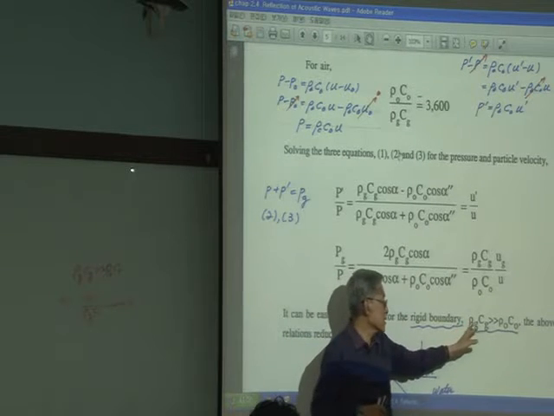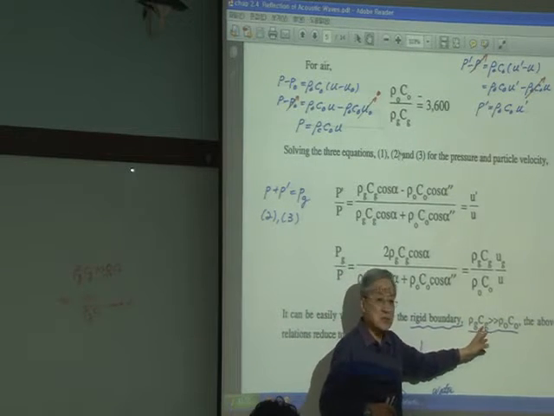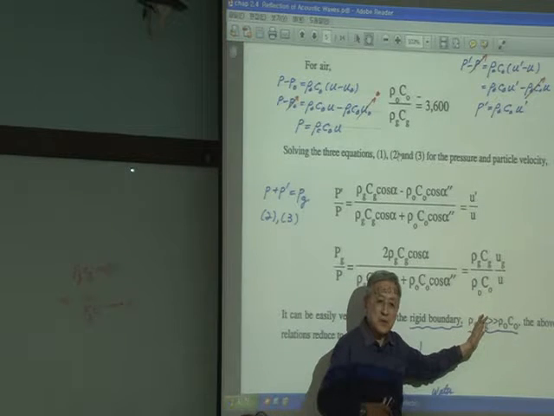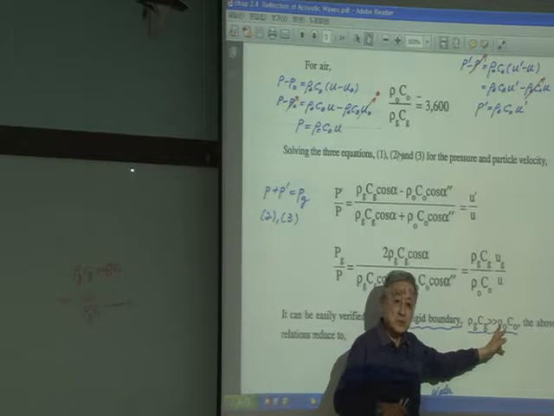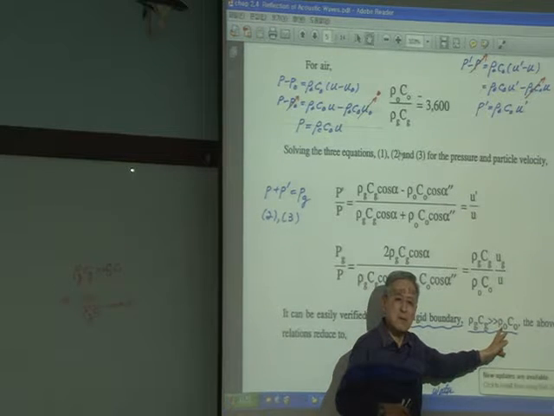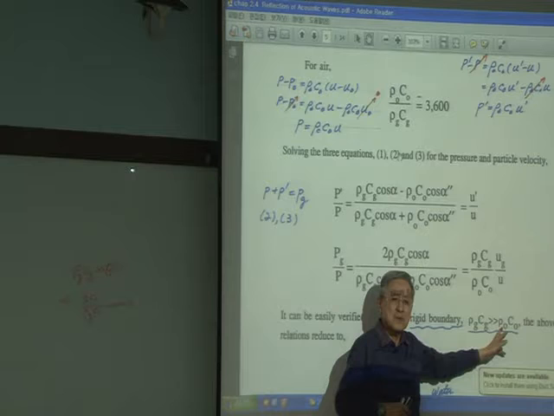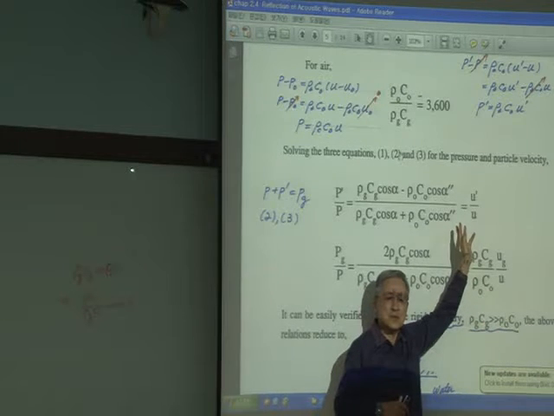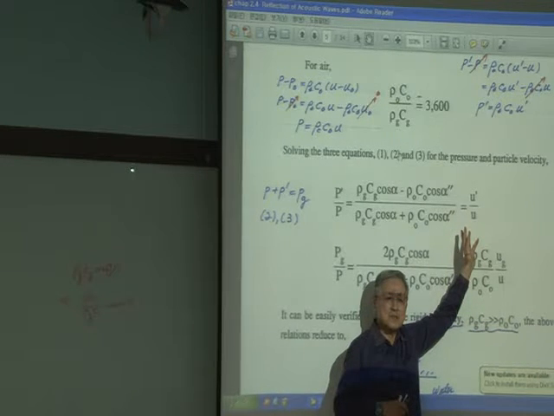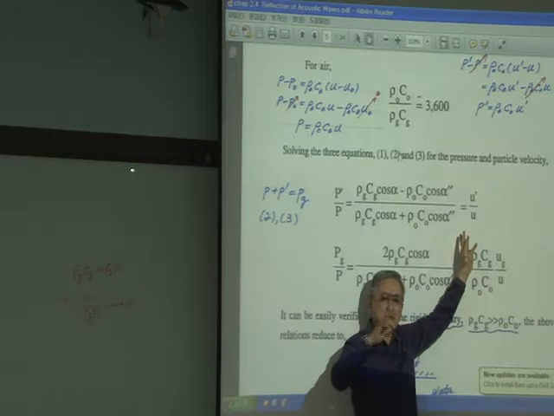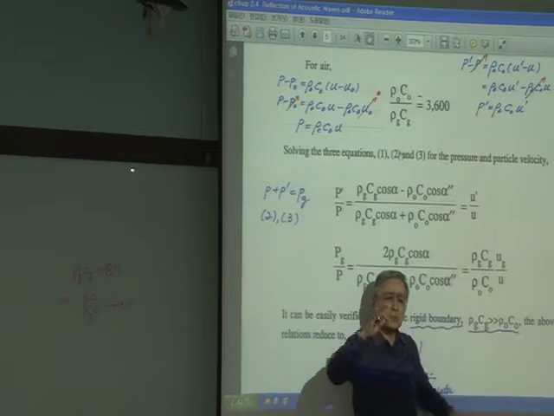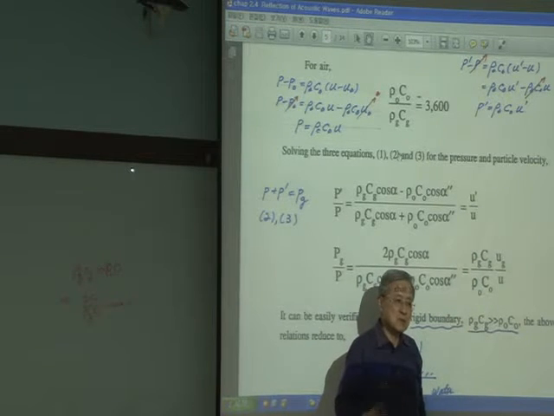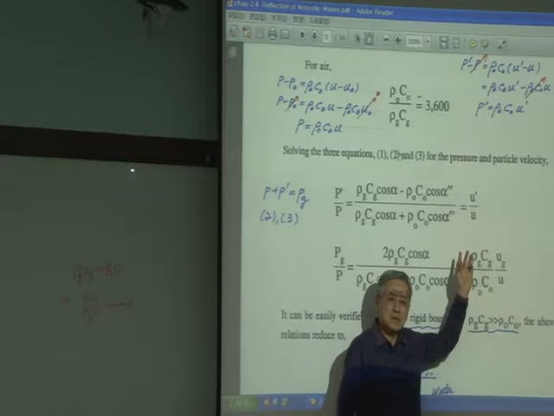That means rho g Cg is very high compared to the water impedance. So rho naught C naught over rho g Cg approaches 0. That's all I said here.